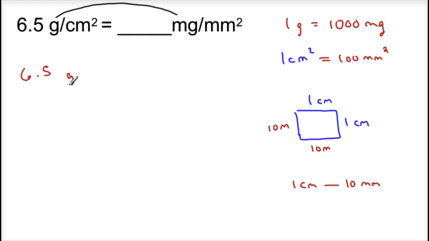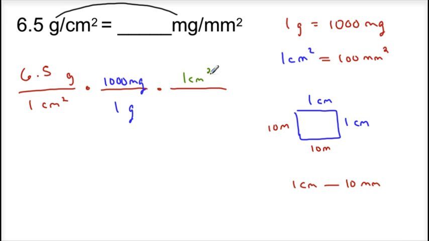All right, so here's my conversion. 6.5 grams per 1 centimeter squared times my 2 conversions. 1 gram equals 1,000 milligrams. Grams in my numerator, I want grams in my denominator: 1,000 milligrams. 1 centimeter squared in my denominator, I want 1 centimeter squared in my numerator, leaving me with 100 millimeters squared in my denominator.